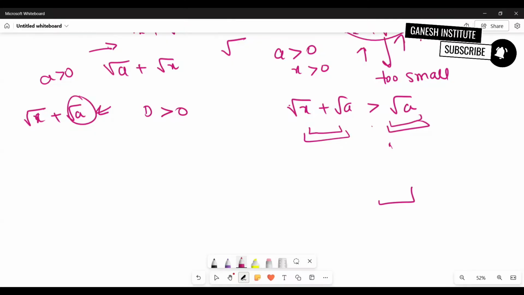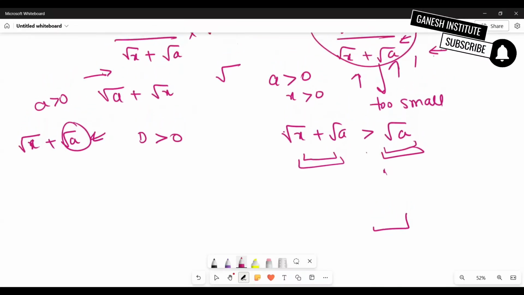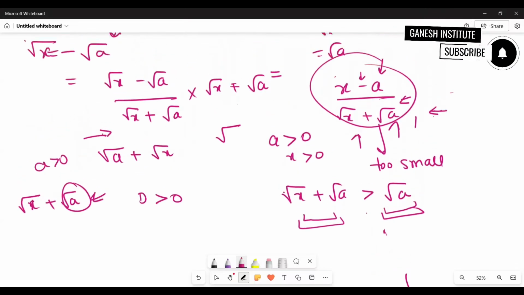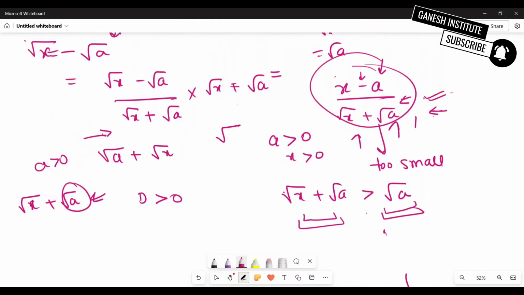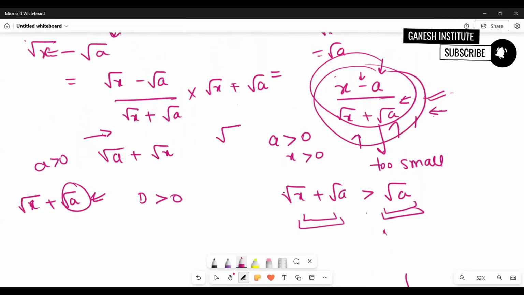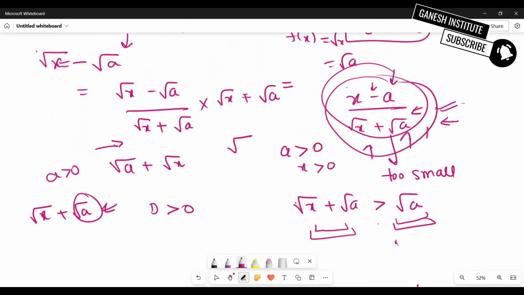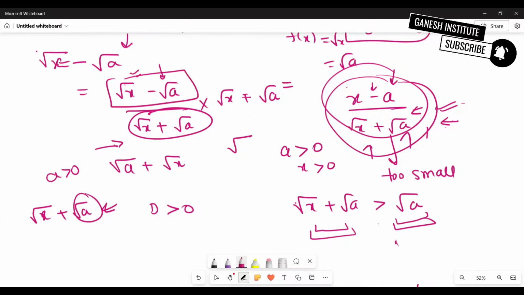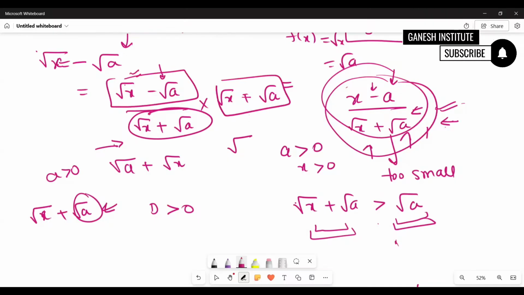So if root x plus root a is a greater value than root a, that is also making the fraction smaller. You can give this as one of the scenarios wherein you are trying to prove that the denominator is bigger than the root a value, which is making the fraction smaller.